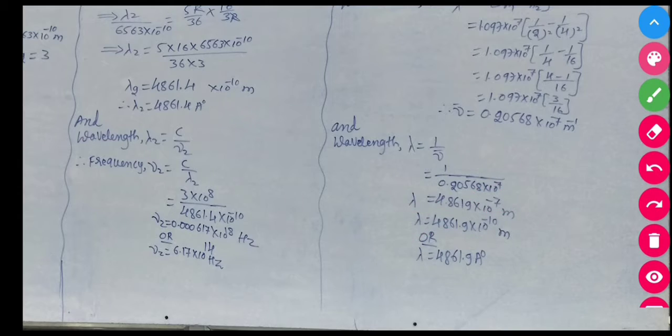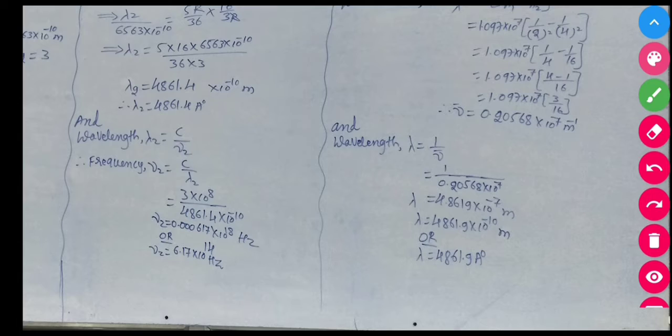If you like to express it in scientific form, shift the digits: 1 digit, 2 digit and 3 digit, and you get 4861.9 into 10 raised to minus 10 meter.